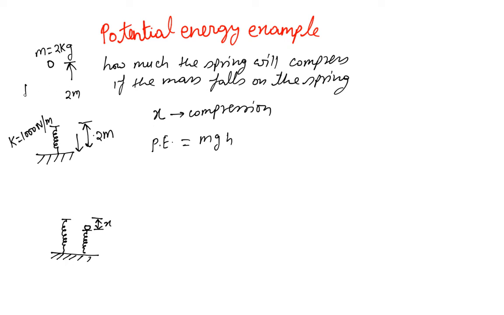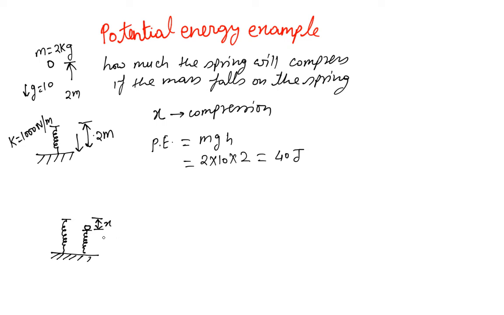For the sake of simplicity, let's assume g to be 10 meters per second square, and this is 2 multiplied by 10 multiplied by 2, and that gives us 40 joules. Joules is the unit for energy.